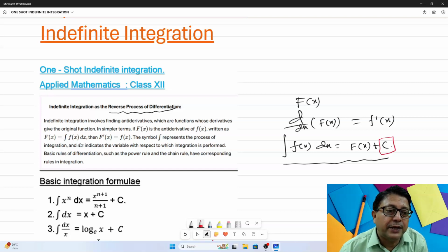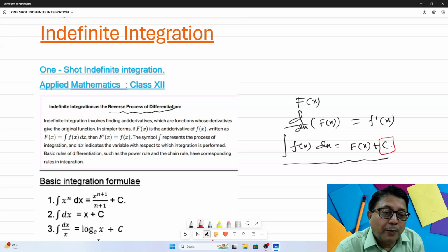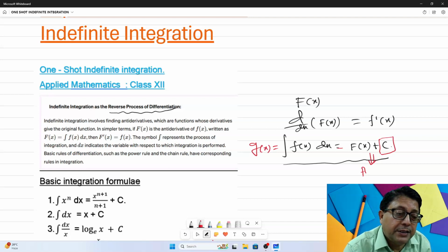If c is there, the value you get is the general solution, and the geometrical significance is that if you consider this as another function g(x), then g(x) will represent a family of curves. This you need to remember. Geometrical interpretation of indefinite integration: it represents a family of curves.